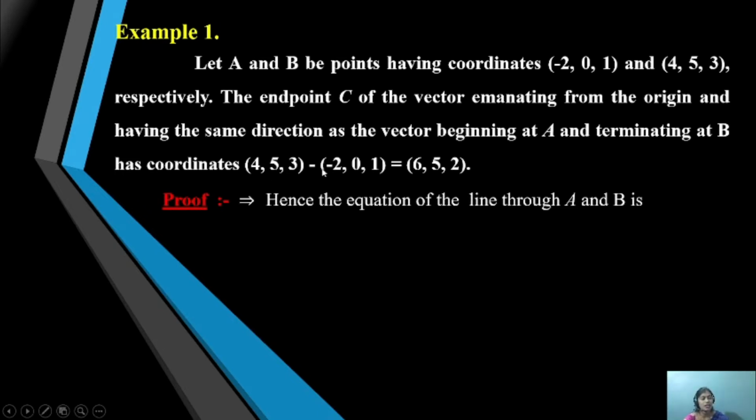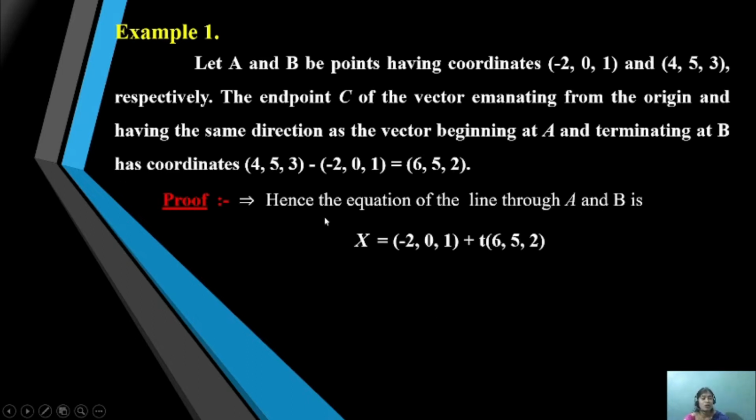That equals 4 minus -2, which is 6, then 5 minus 0, which is 5, and 3 minus 1, which is 2.